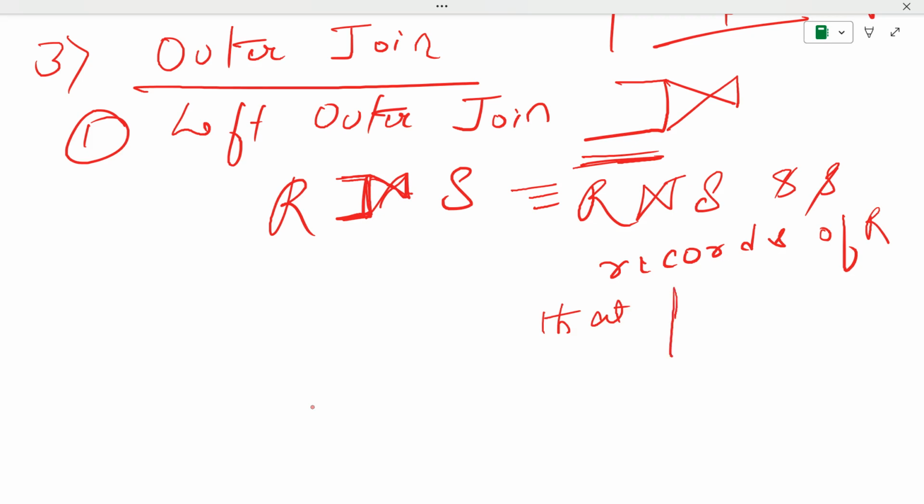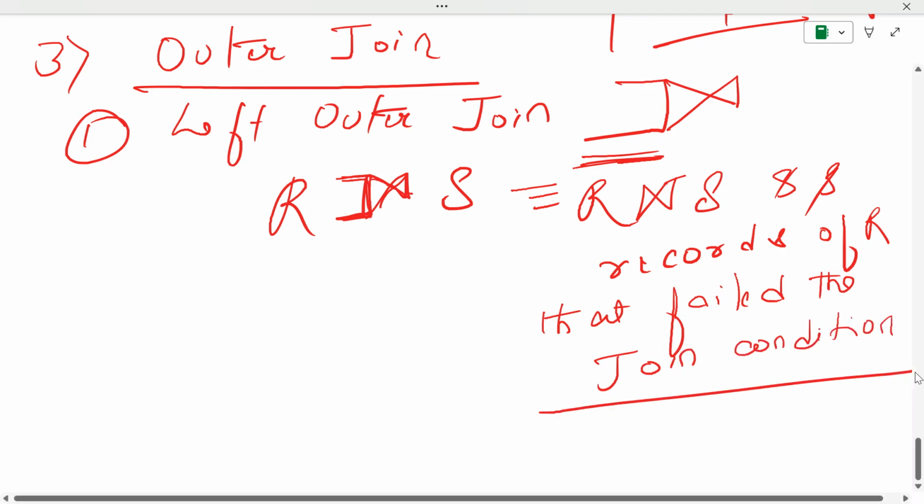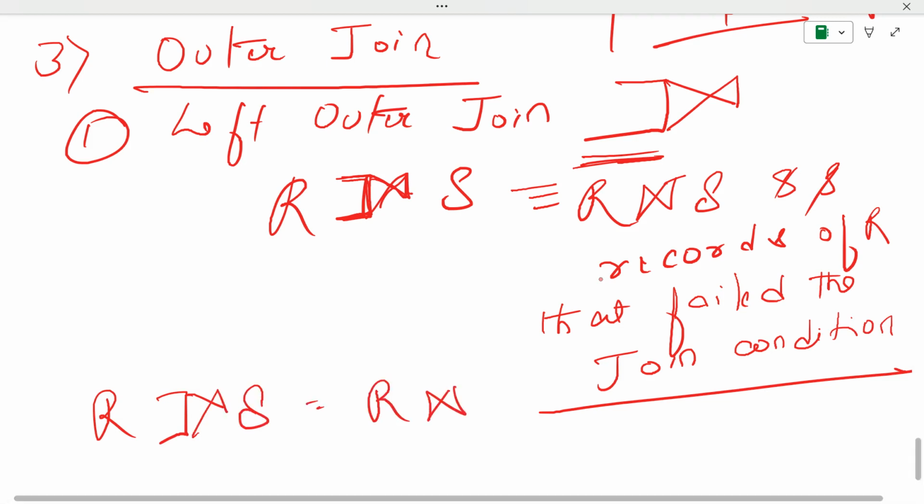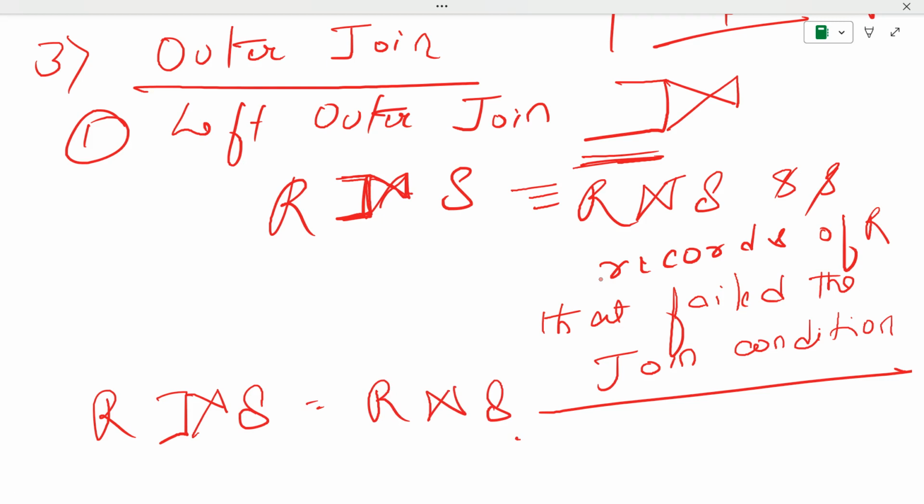So if we are writing R left outer join with S, we are doing something like this. We are having our natural join with S, and we are including the records of R that failed the join condition.